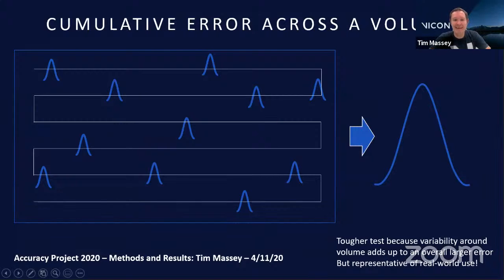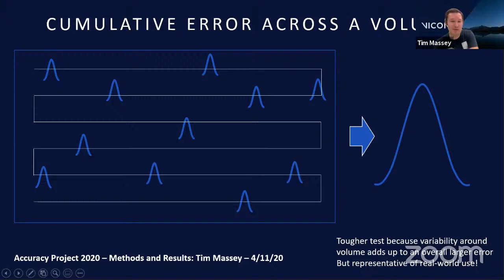At any given point in the capture volume, all of those variables we talked about before will add up to some sort of error distribution. Of course, we're adding another variable by moving around the volume, and that will make that error distribution change, essentially a cumulative error as you get different patches of variability based on other variables.